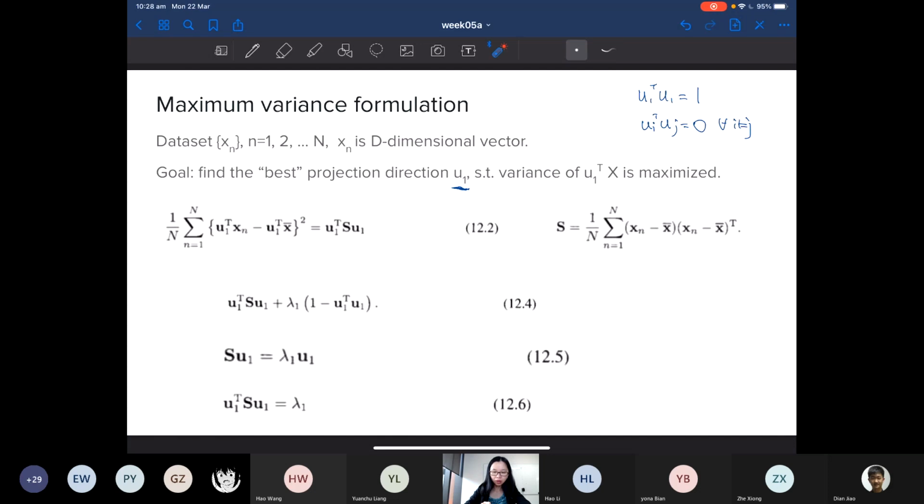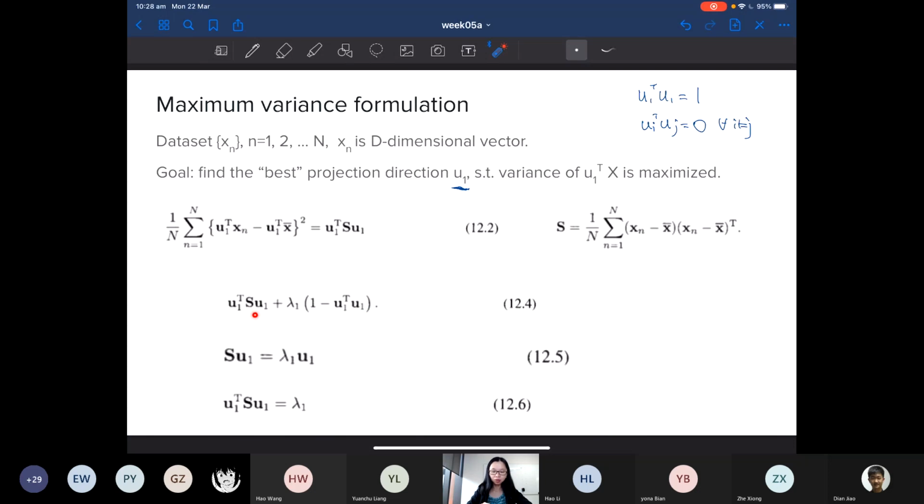Right, so we just changed the objective function by adding this 0 term. And now we differentiate this with respect to u1 and set the derivative to 0.